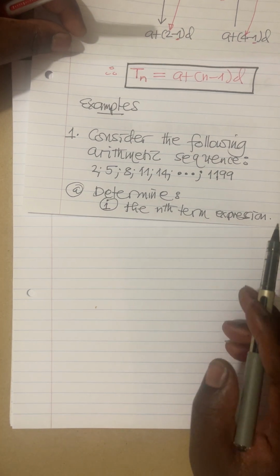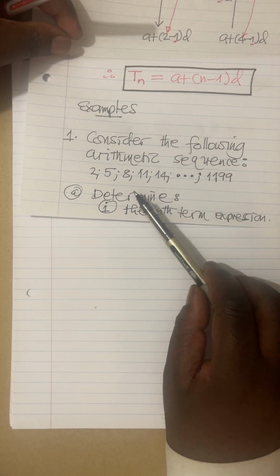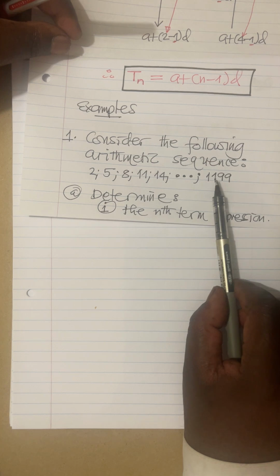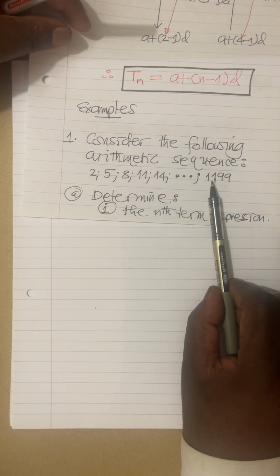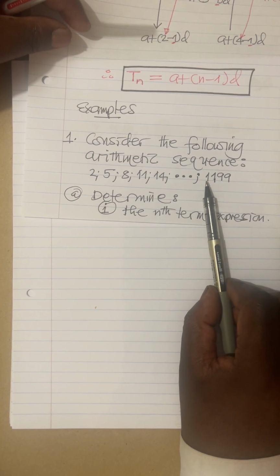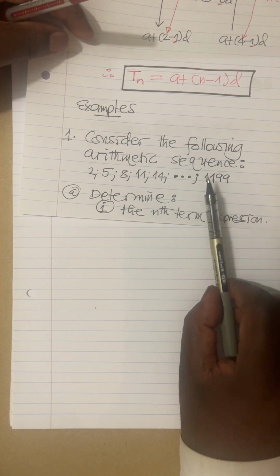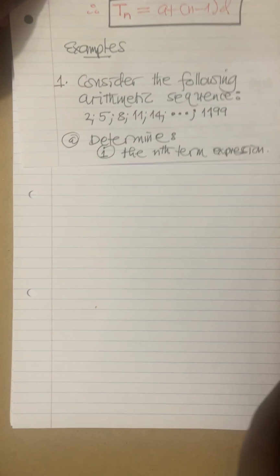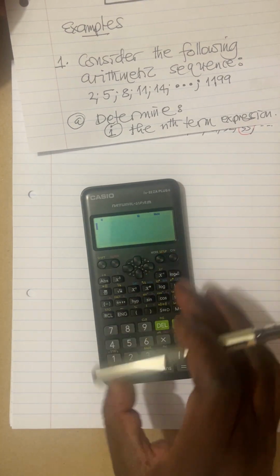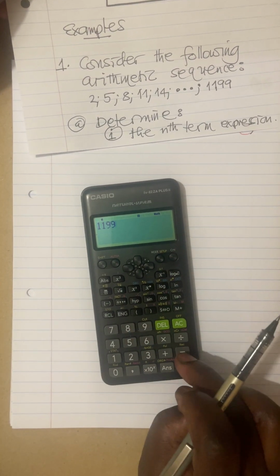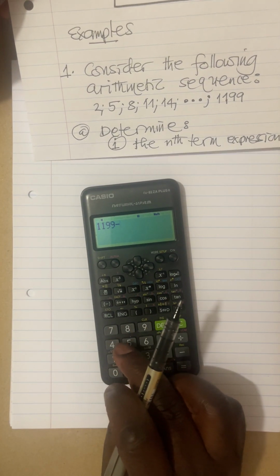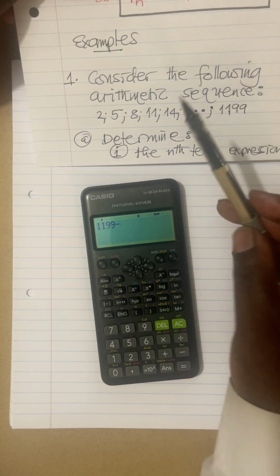In the baseline assessment, if you remember, I told you that if you want to find the term before this, you must subtract the common difference, and then divide by 5 to check if the number is divisible by 5 or not. If it's not, continue subtracting and dividing to check. So we are saying here 1199. The common difference is actually 3 in this one, because we're adding 3 each time.